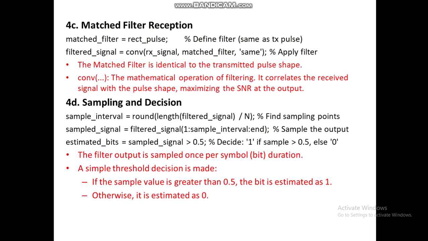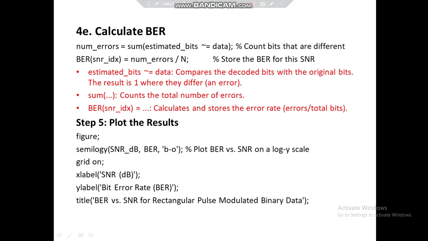Next, matched filter reception is performed. The next step is to calculate the bit error rate. Finally, it plots the result in a semi-log graph where the x-axis and y-axis are SNR and bit error rate.